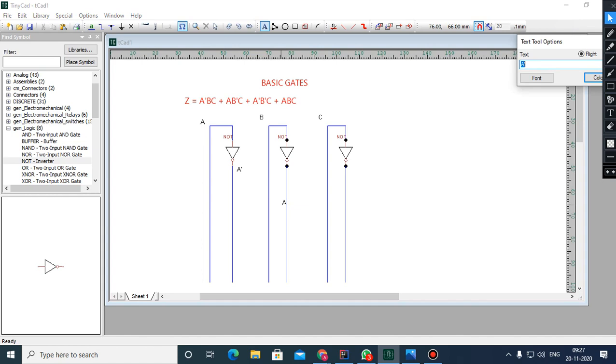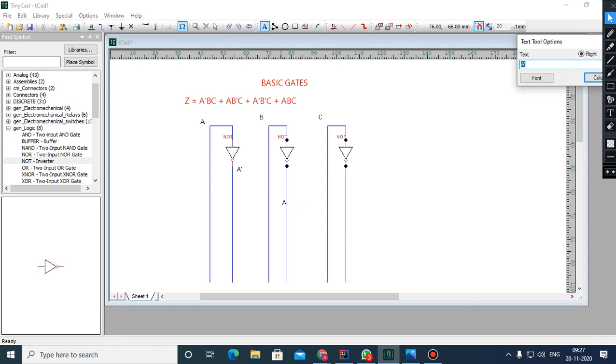In SOP expression we consider minterms, and if you want to represent a minterm, you have to take the complement. I have not said that you cannot take either. Both 0 and 1 we can take in SOP and POS both, but the representation is different.